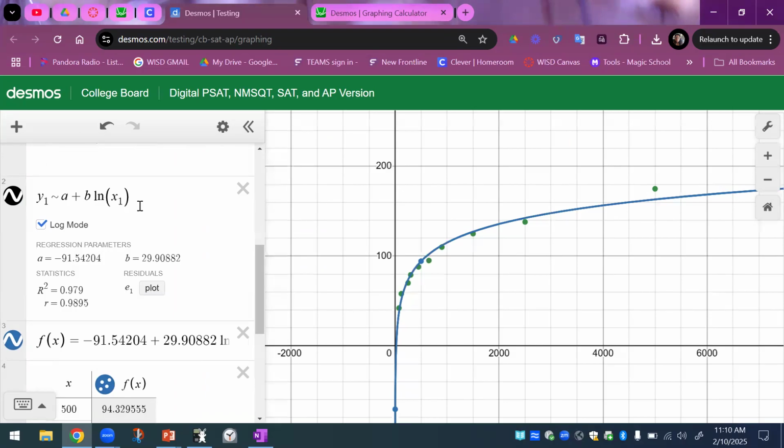You can change these. You have to change these values. Oh, okay. Did you check the log box? Oh, because you put I in, not ln.